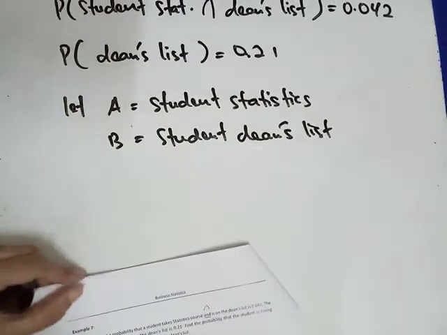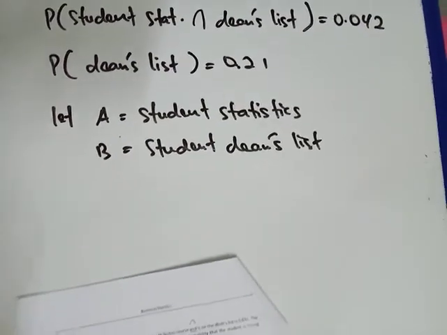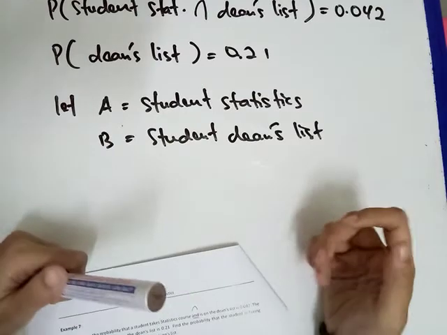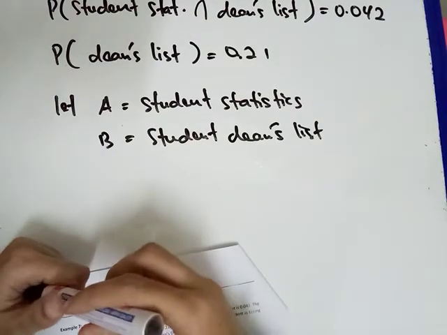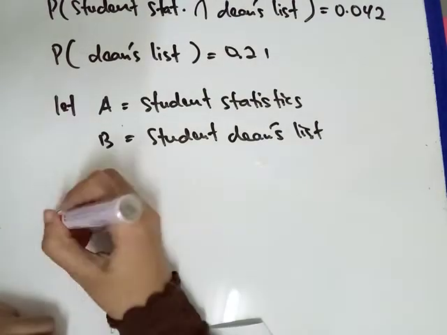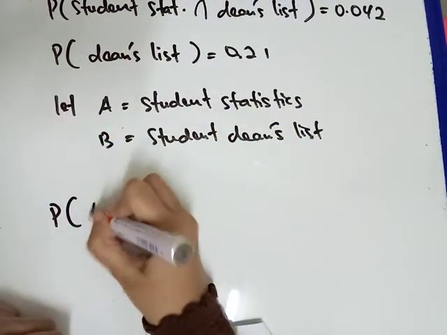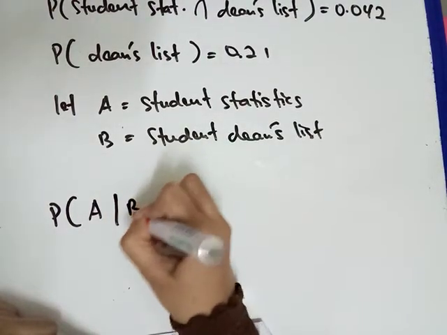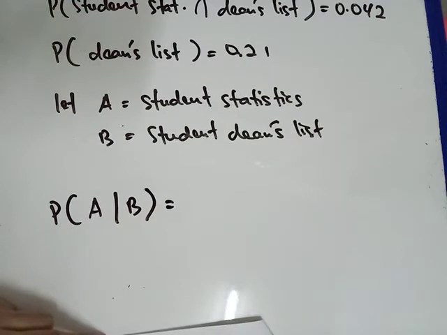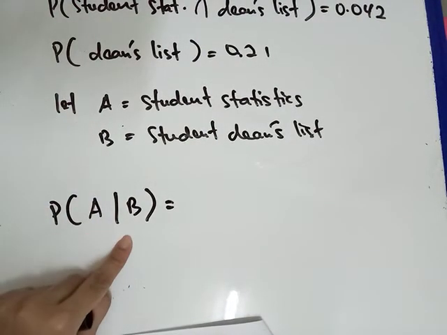Okay, bila dah letak, alright, and then dia minta apa? Find the probability students taking statistic given student Dean's list. That means probability student statistic kita dah letkan sebagai A, given student Dean's list kita letkan sebagai B. Okay, so A given B, student stats given students Dean's list.